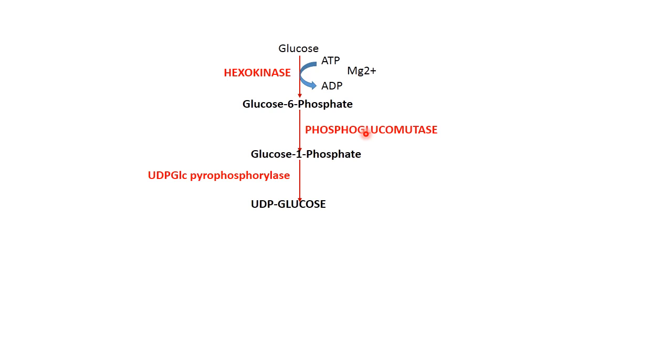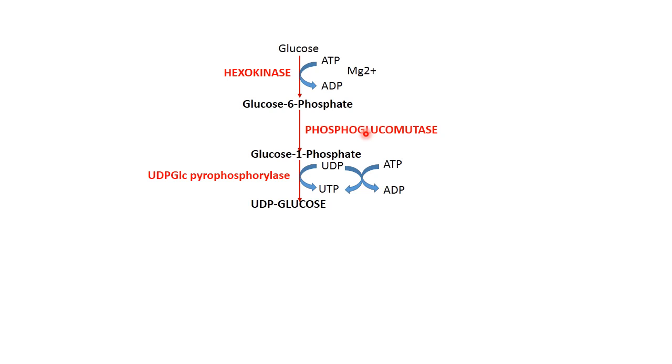And the enzyme for this reaction is UDP-glucose pyrophosphorylase. What happens? Here UTP is converted to UDP, and again UDP is phosphorylated to UTP by ATP, which is dephosphorylated to ADP.